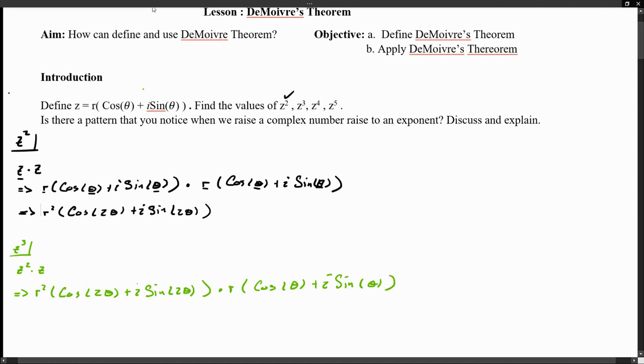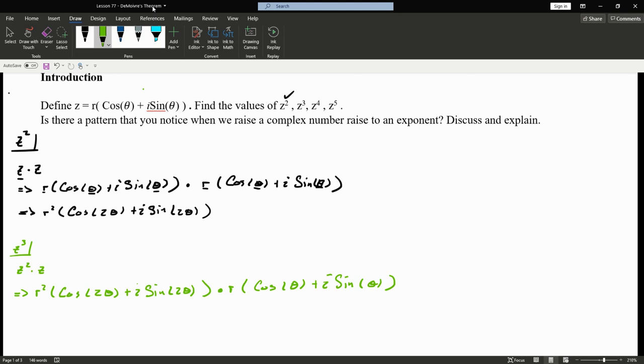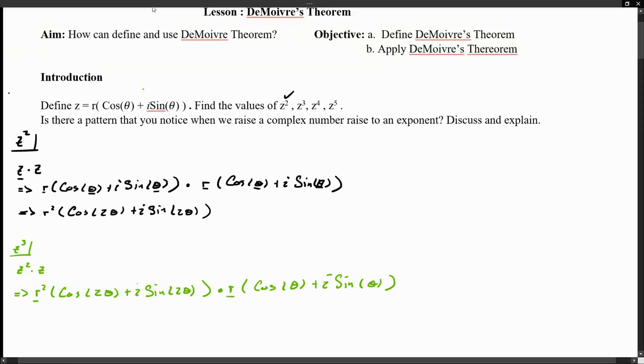So this is essentially what z to the third is going to be, but notice that we're multiplying one more time. The rule implies that when multiplying, you multiply the moduli, which in this case is r to the second times r, equivalent to r to the third.